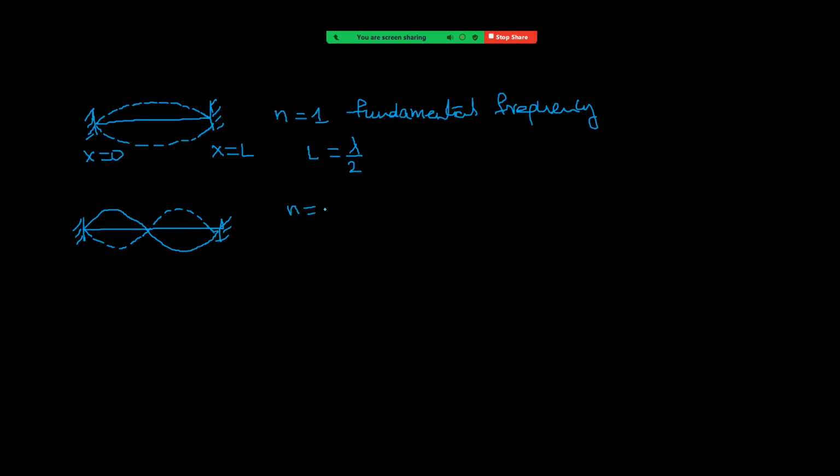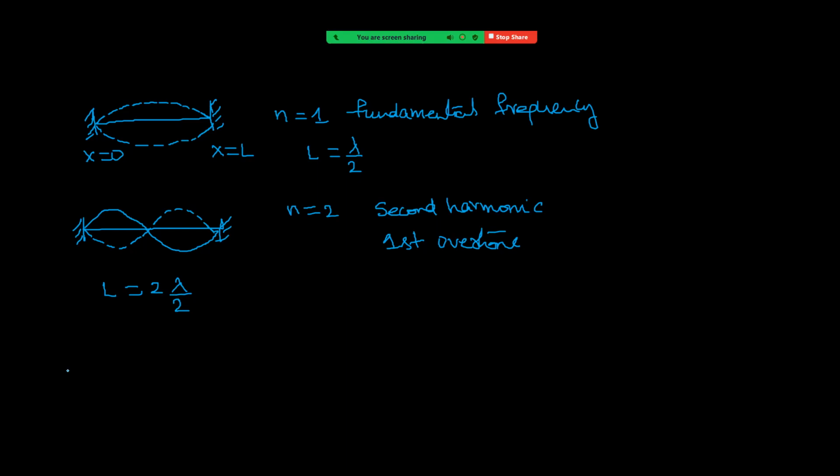This is known as second harmonic, or it is known as first overtone. And see here the length is L. That is, L equal to lambda by 2 plus lambda by 2, which is 2 into lambda by 2.